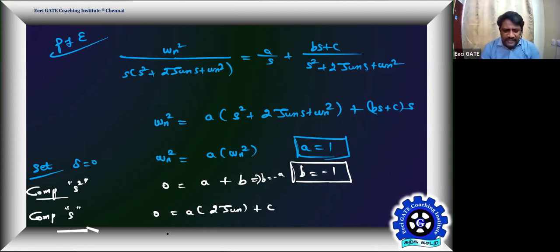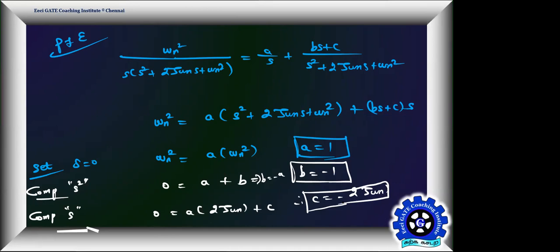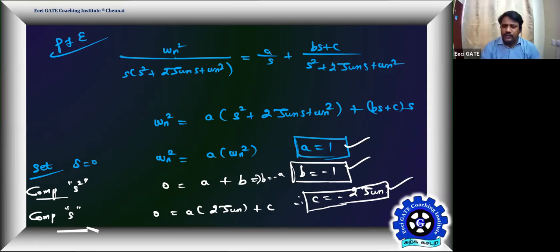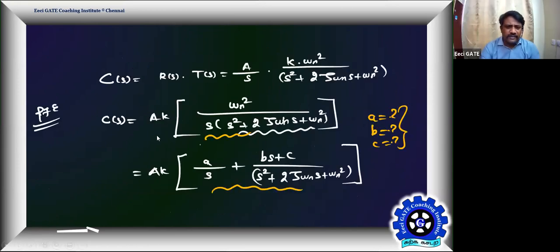So from this, since A is 1 already, C is equal to minus 2 zeta omega n. All of you following, right? So A is 1, B is minus 1, C is minus 2 zeta omega n. Yes, it is a little complex, not easy, because we need to go through partial fraction expansion as well.